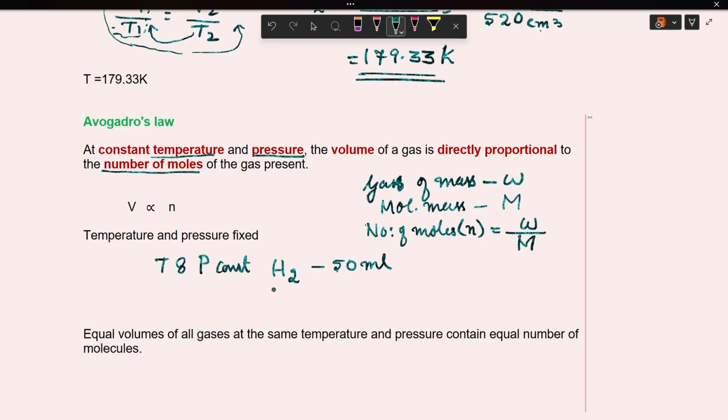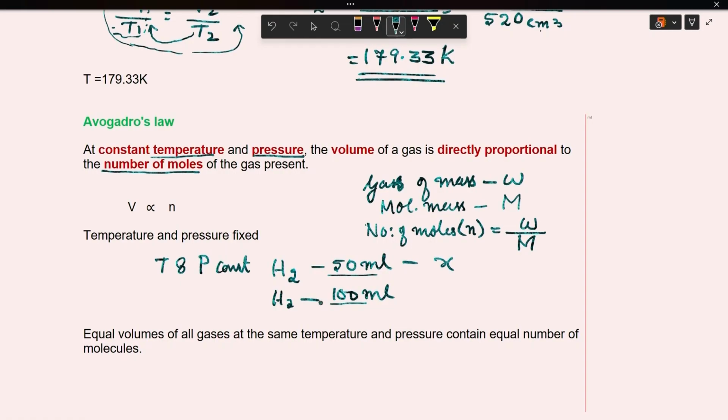Now, I am taking another sample of hydrogen gas, and if it occupies a volume of 100 ml, you can be sure about how many moles are there in 50 ml and how many moles are there in 100 ml, because that will be twice the number in this case. Here it is only occupying 50 ml, meaning the number of moles, let it be x.